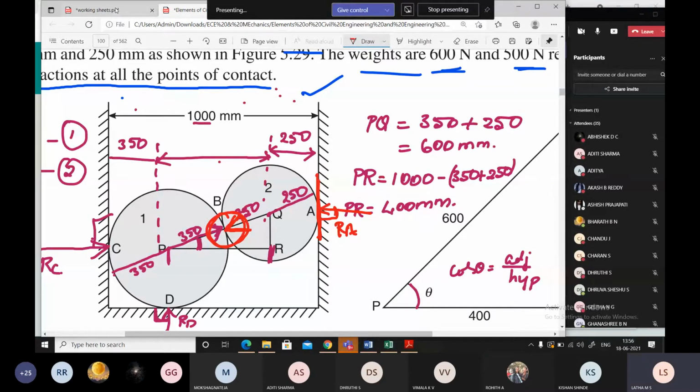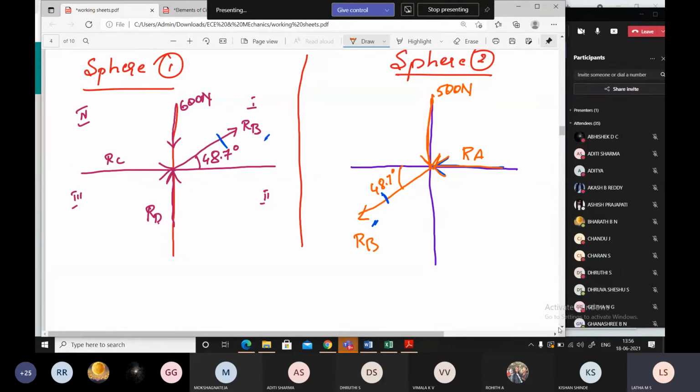Now, which one will we start with? For which free body diagram will we start our analysis? The second one, Lami's theorem. Yes, start applying Lami's theorem. Lami's theorem is applicable with two unknown conditions only.